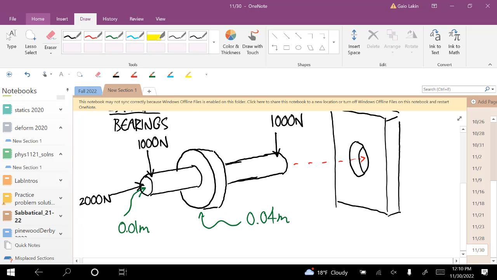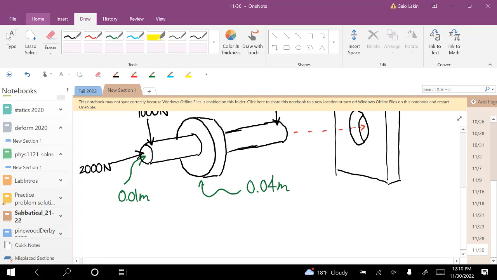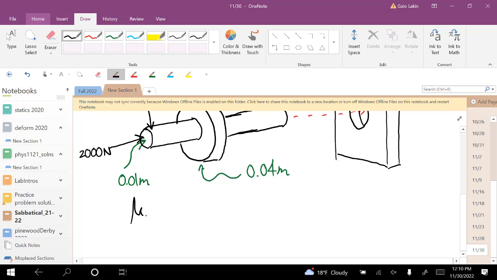And the last thing we need is a coefficient of friction. So the coefficient of kinetic friction is 0.1. That's pretty high, actually, for something that's meant to rotate. Let's make that smaller. Let's make that 0.05.